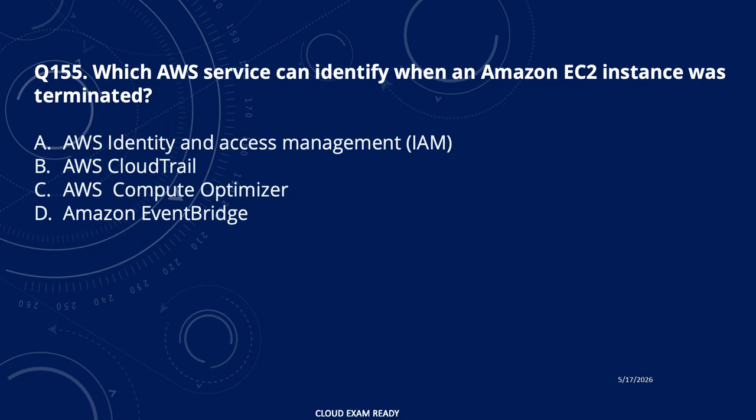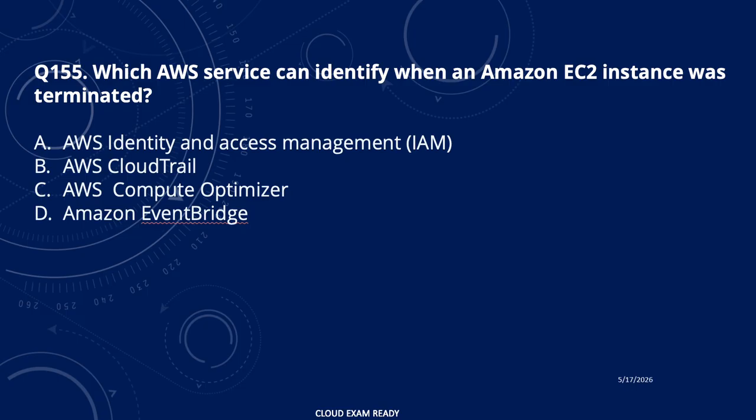Next, question number 155. Which AWS service can identify when an Amazon EC2 instance was terminated? So we need to find which service can identify when an Amazon EC2 instance was terminated. So we have options. Option A, AWS Identity and Access Management, which is IAM.